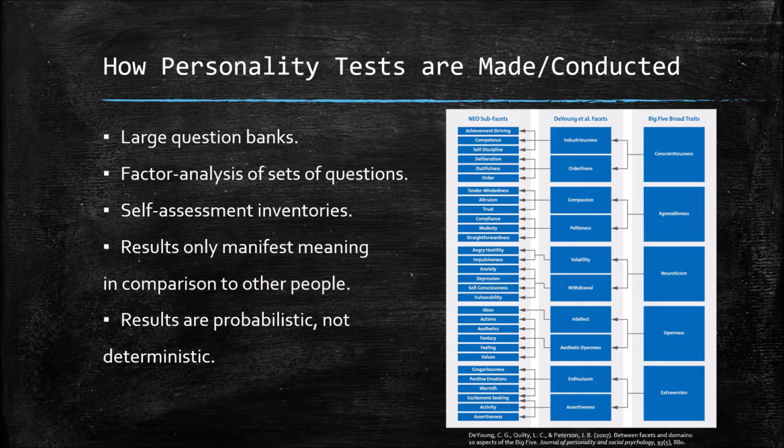is IQ. Now, IQ is not a personality trait, right? But let's say you have somebody who has an IQ of 100, and then maybe you have a person who has an IQ of 150. It's not necessarily that they are 50% smarter.